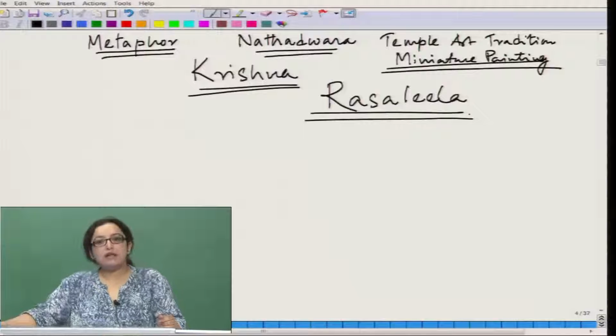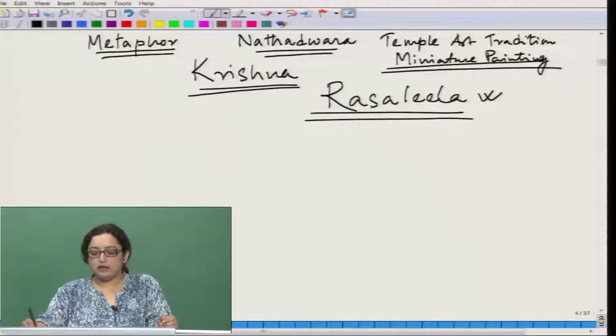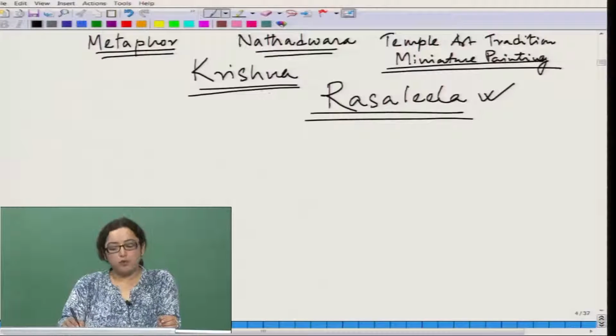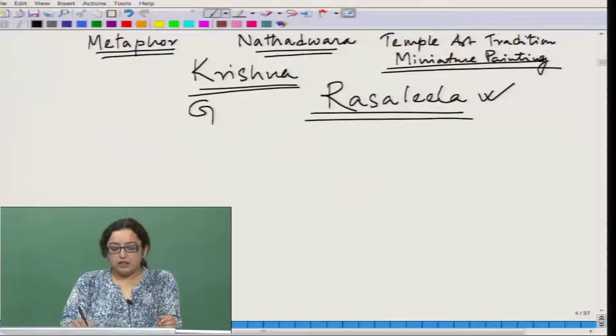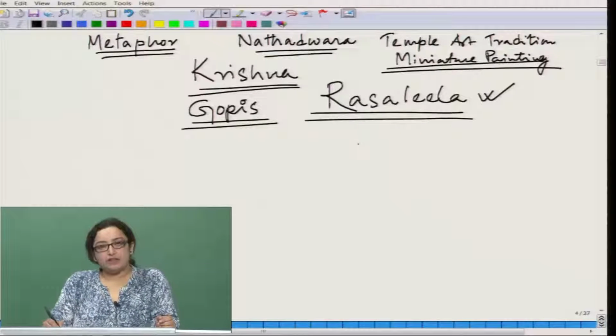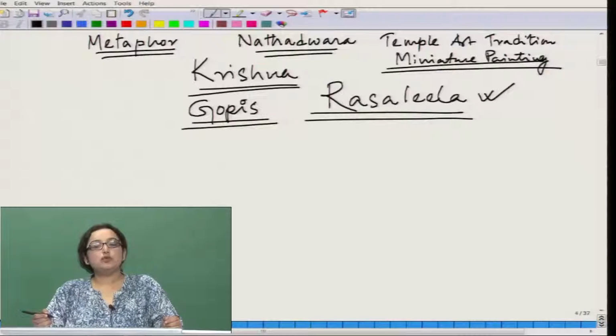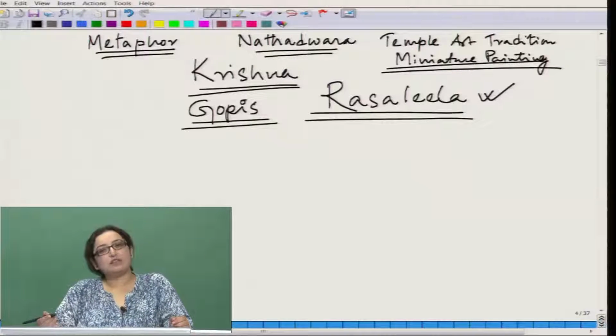In the Rasa Leela paintings, the paintings on the topic Rasa Leela, Krishna is performing dance with multiple gopis, they are the milkmaids of that region who are the friends of Krishna, and they are willing to participate in dance with Krishna.